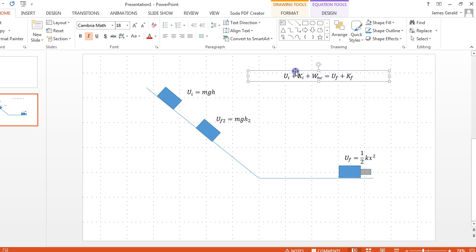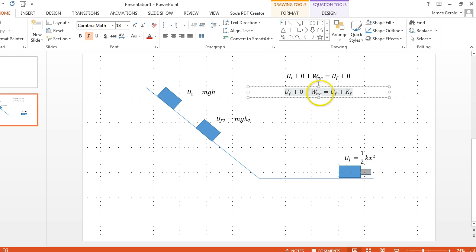So this equation on the way back up, I'm going to put in zeros where we know that's 0. What's our initial energy at this point? Our kinetic energy is again 0 when we start out.